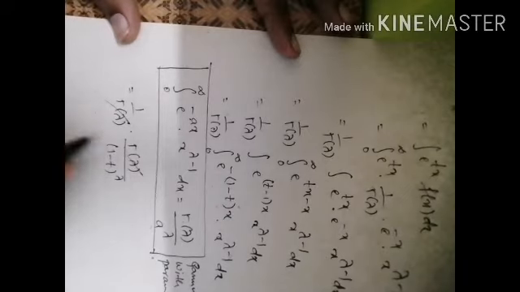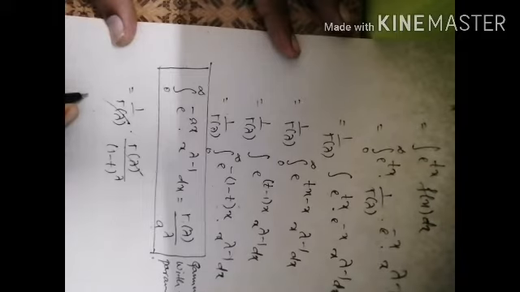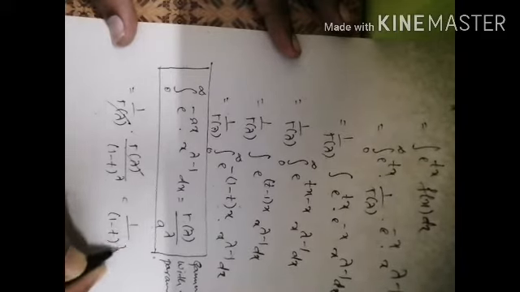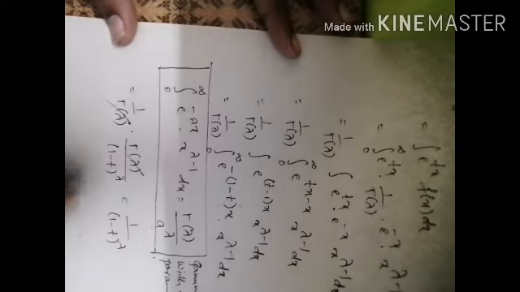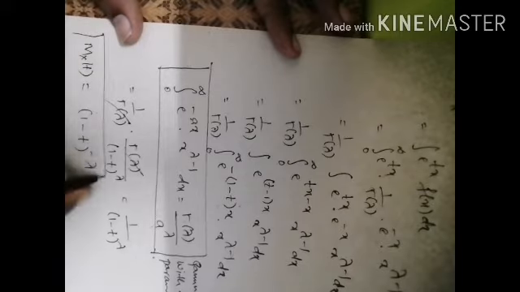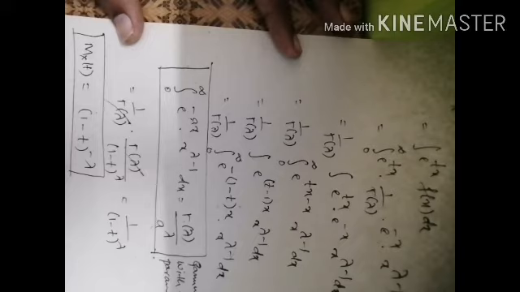So gamma of lambda gets cancelled, and remaining is 1 by (1 minus t) whole to the power of lambda. Bringing it to the numerator, (1 minus t) whole to the power of minus lambda. This is M_X(t) of the gamma distribution with one parameter.